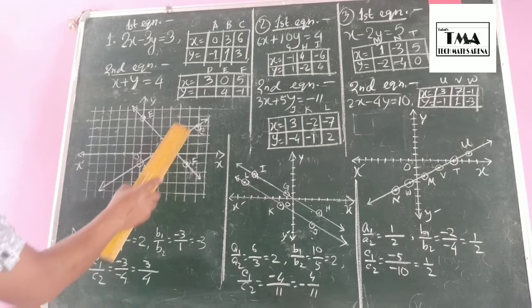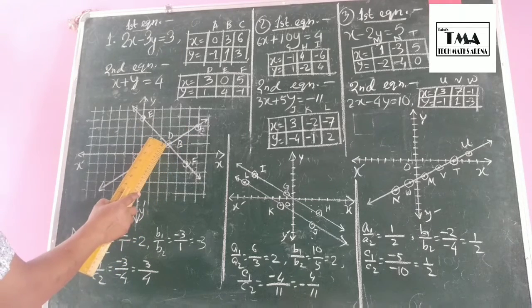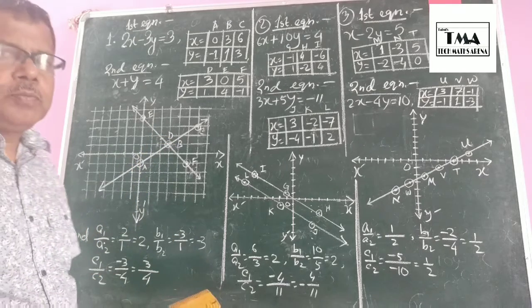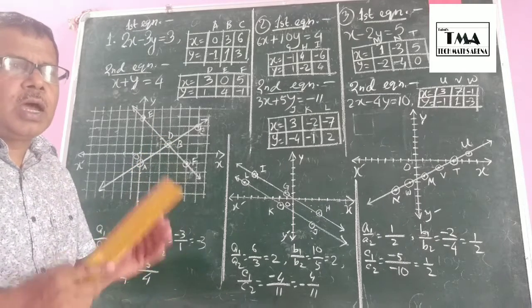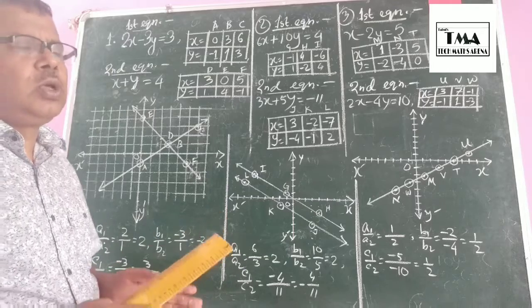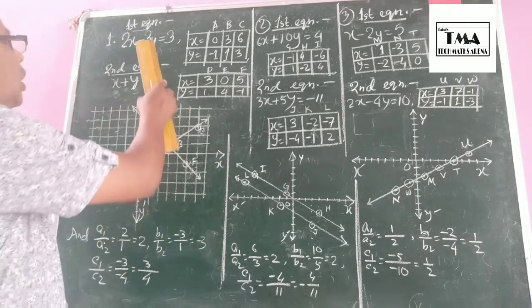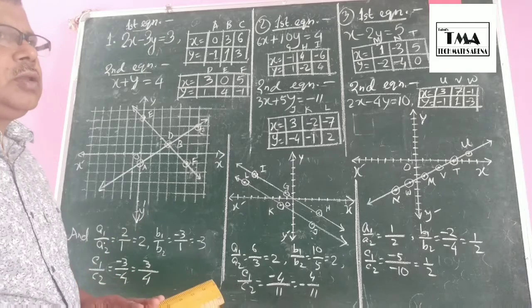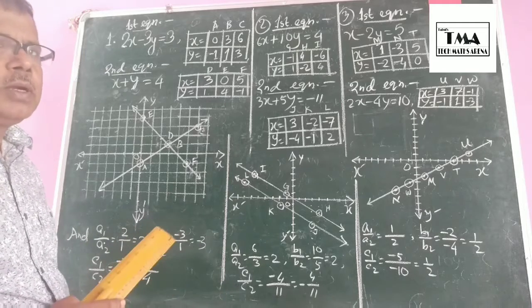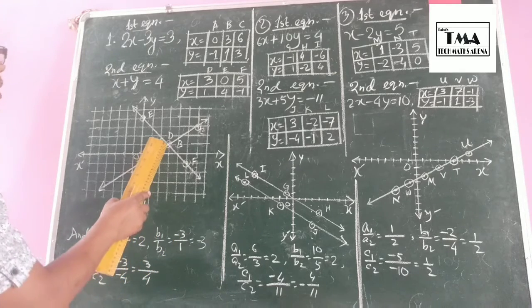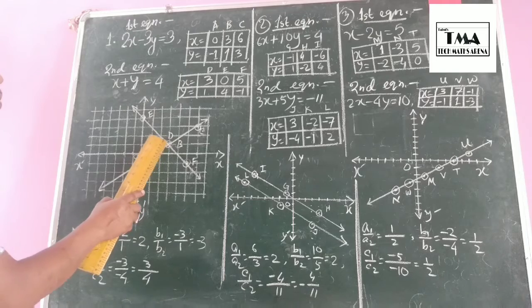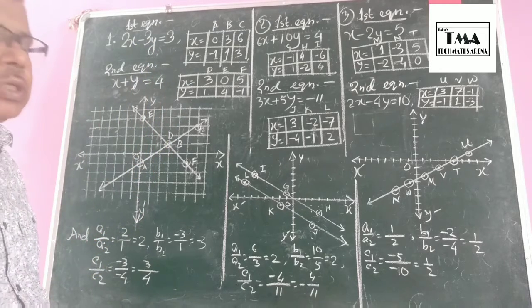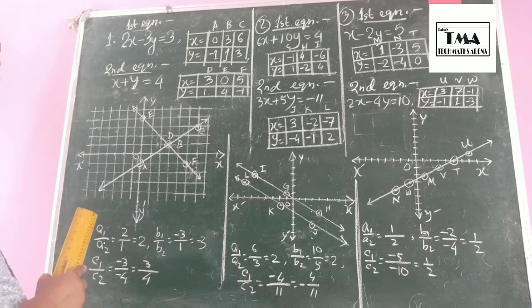And we have seen here that the two straight lines intersect at a point. Also we know that when we are asked to solve a pair of linear equations graphically, we remember that this intersecting point is the solution of these two equations.